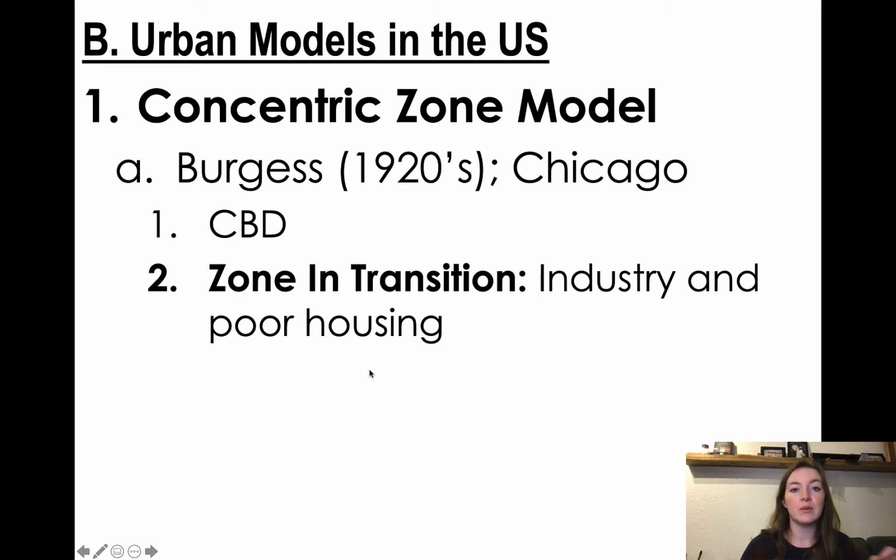So really poor, low income housing, generally not going to be good quality at all. They're living where other people don't want to live because next to industrial zones is going to be very polluted, very loud. They don't want to be there. So we see that as the zone in transition, transitioning out of the CBD into housing.